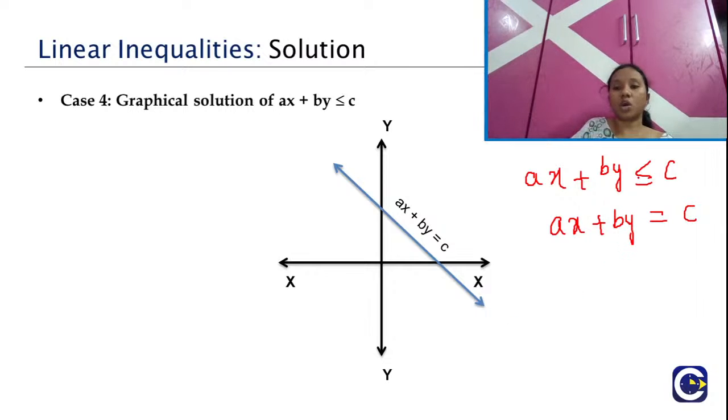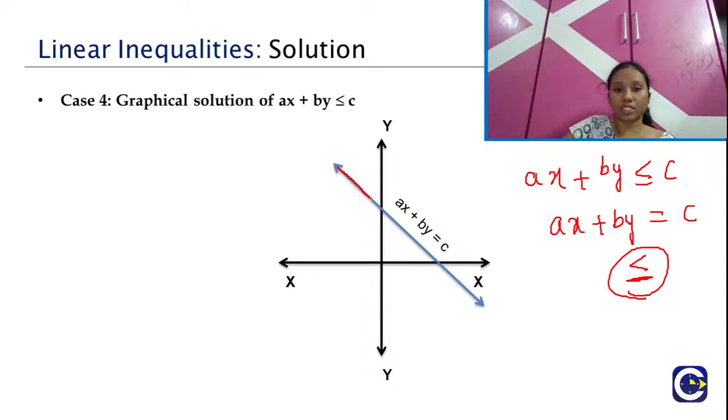Right. So what is the inequality here? Less than and equal to. Whenever we are having equal to, it even includes the points which are located on the line ax plus by is equal to c. The entire set of points lying on this line will also be considered as the solution of this given inequality ax plus by less than equal to c.